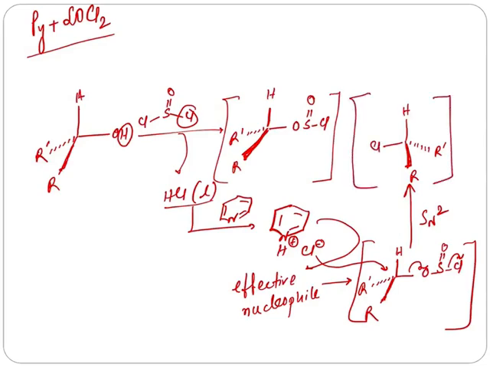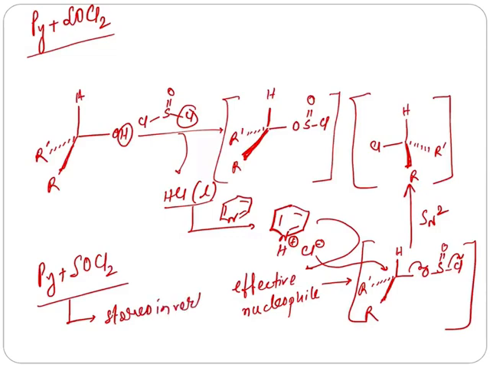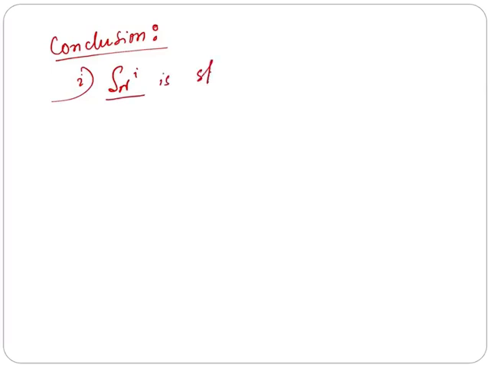This is our product. So here, in presence of pyridine and thionyl chloride, we get stereo inverted product. So the conclusion is, SNi is a stereoretentive reaction.